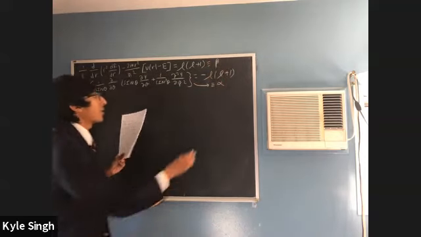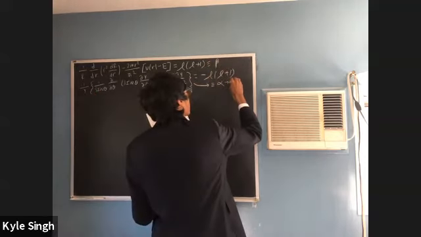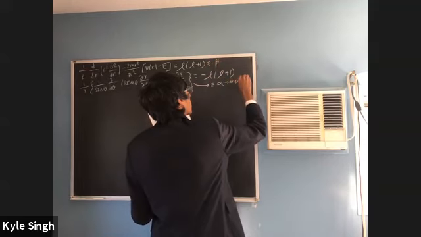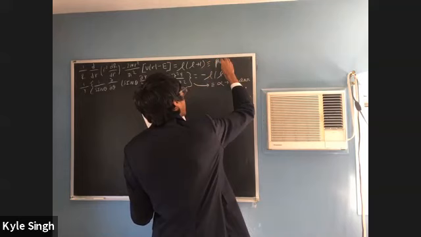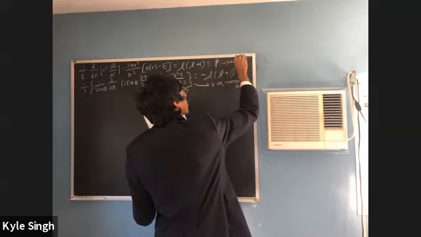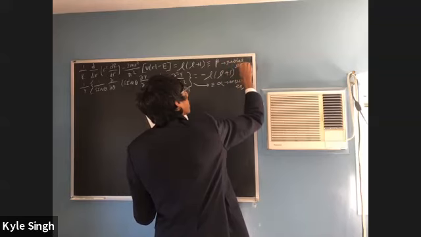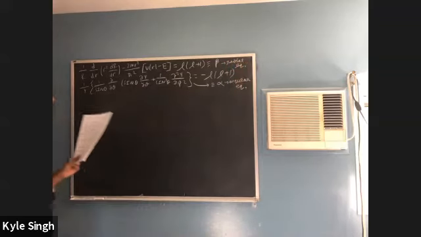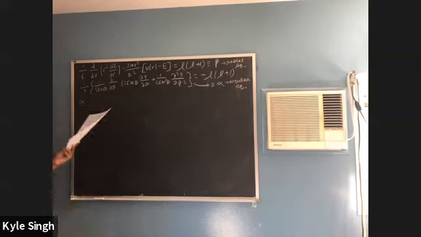So this is the angular, and this is the radial.